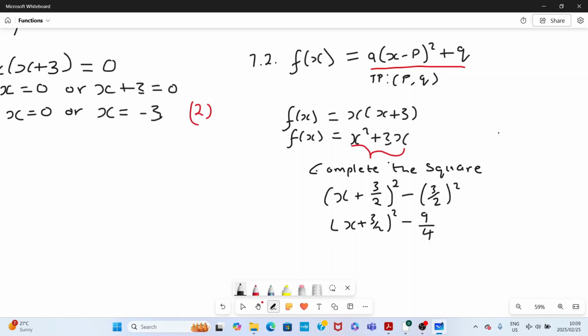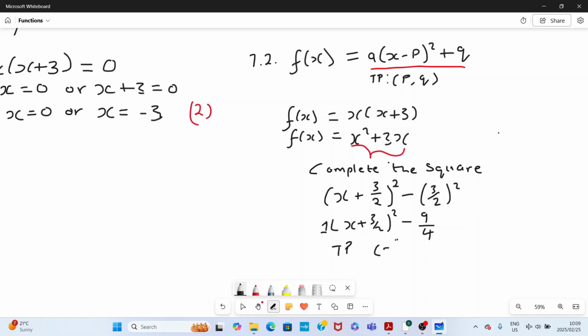So if you look at this now, we have our equation in this form where a is equal to 1. It's the coefficient of this whole bracket, a is 1 basically. So now we have our turning point being P and Q. And what is our P? Our P in this case will be 3 over 2, but you will have an opposite sign.